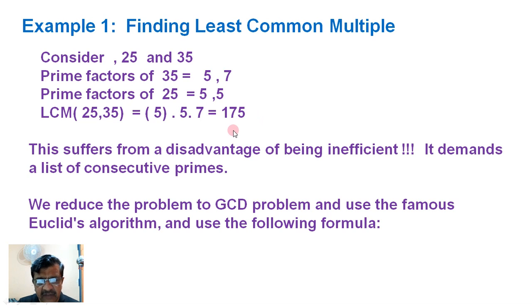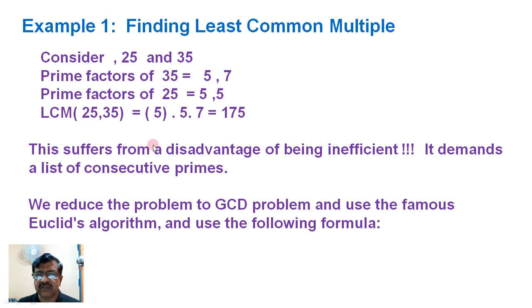And we have discussed in our fundamentals of algorithms tutorial 1 or 2, you can revisit those tutorials to find how exactly we have found the GCD, greatest common divisor, for two numbers.